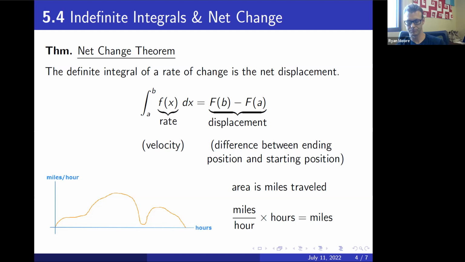Okay. I want to sit a little bit more on this. I forgot I had this to mention. So back here, we thought about the total area, right? What if we didn't want to do the total area? What if we only wanted to do a section and how far we traveled during this section?